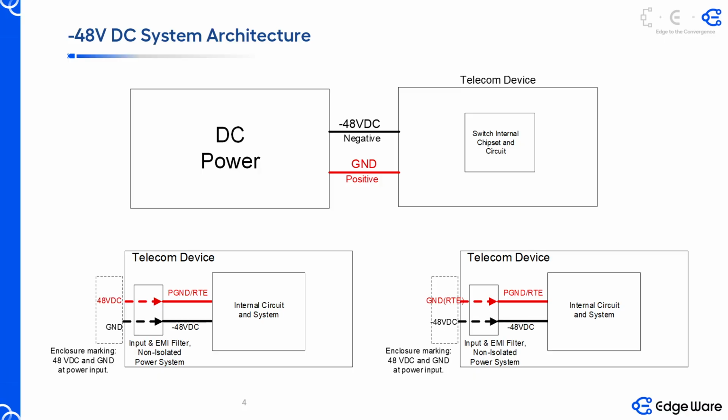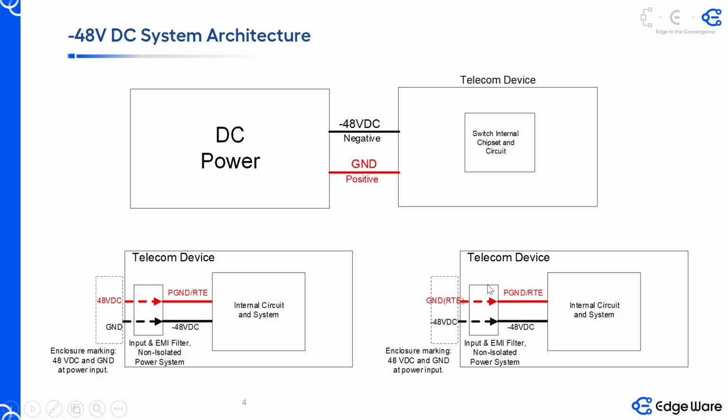So they have to guarantee that their devices can work with the whole telecom system. For example, in a typical telecom system design there's a rectifier, and the rectifier outputs negative 48 VDC, so to guarantee the whole system works as negative 48 VDC, they designed things like this.